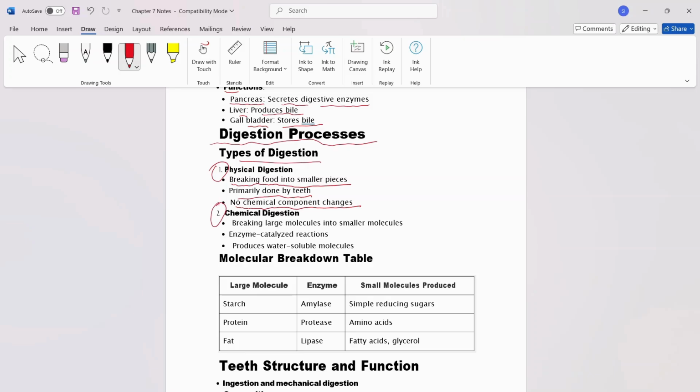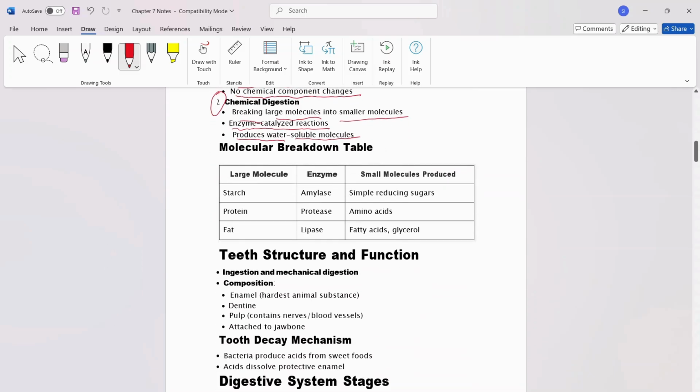Next we have chemical digestion, breaking large molecules into small molecules. Enzyme catalyzed reactions produce water soluble molecules. Here we have a molecular breakdown table. Large molecules such as starch, protein and fat.